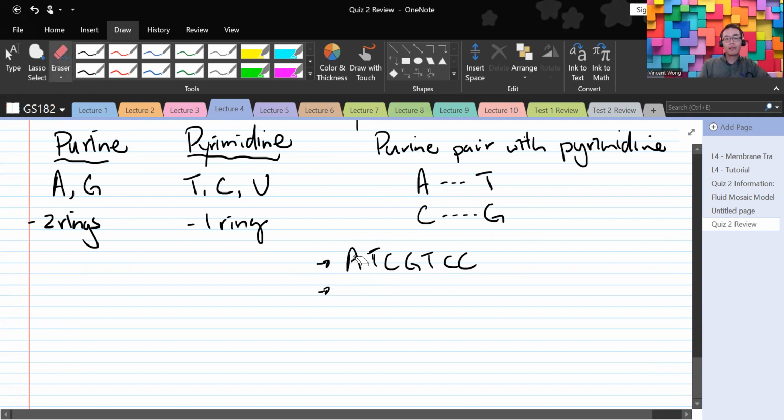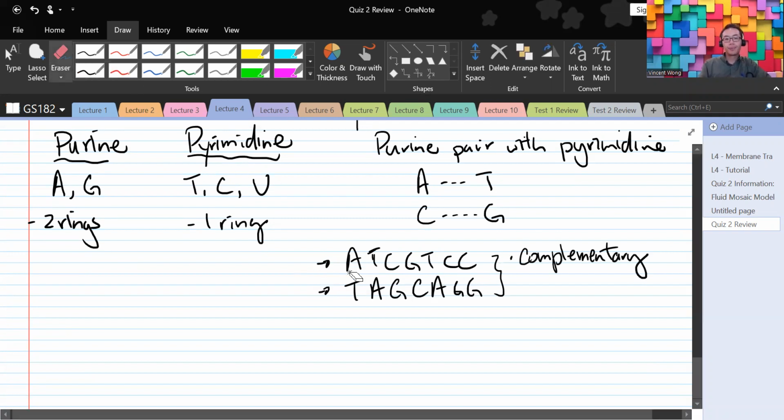So if A pairs with T and C pairs with G, you can just guess the other strand. In this case, it will be T, A, G, C, A, G, G. And this property, we say complementary.